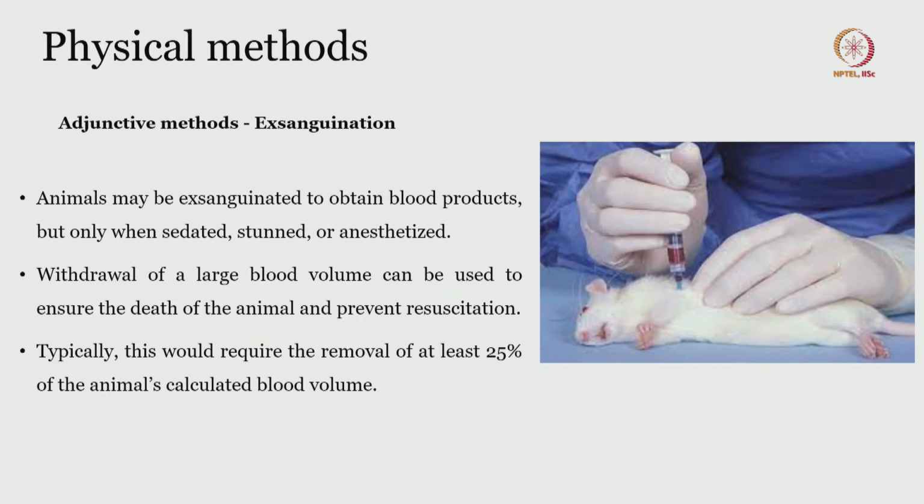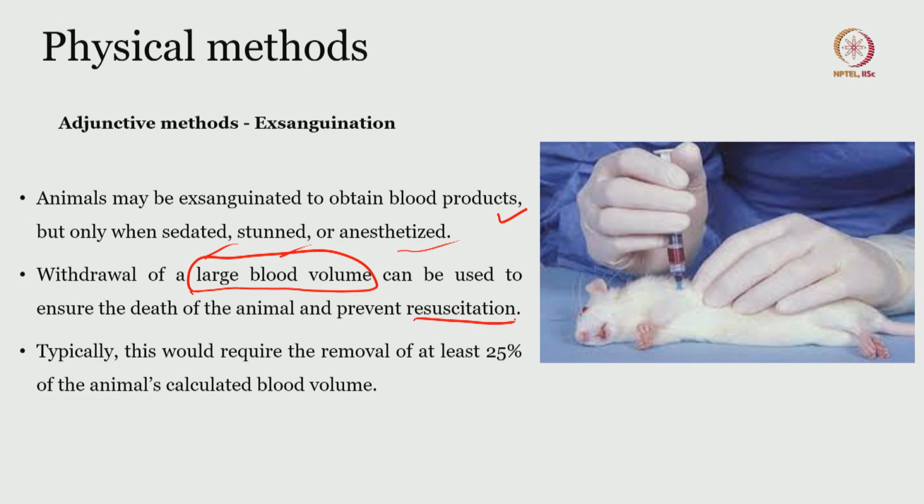All right. So how is it done? It may be exsanguinated to get blood products, but only when sedated, stunned or anesthetized. Withdrawal of large blood volume, that is exactly what exsanguination means. That can ensure death of an animal and prevent resuscitation.